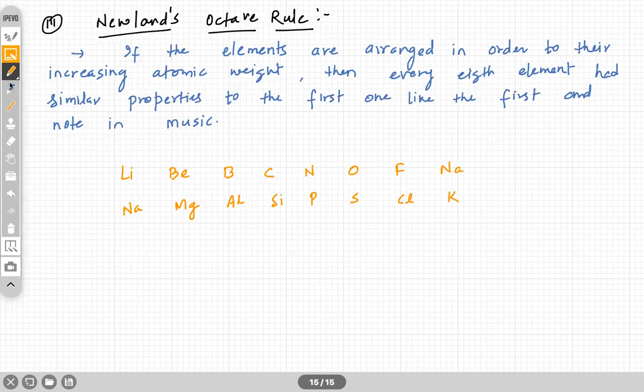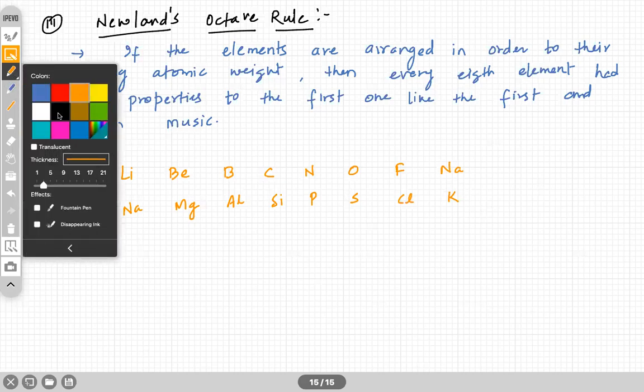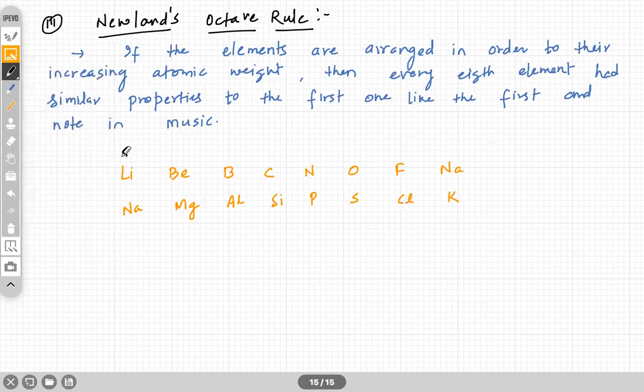So if you compare this with the musical note sa, re, okay, all these elements have similar properties.